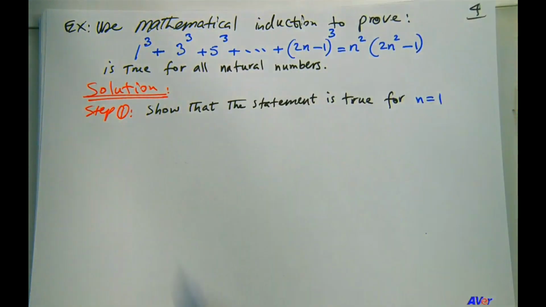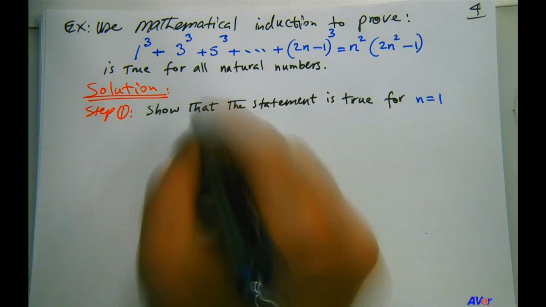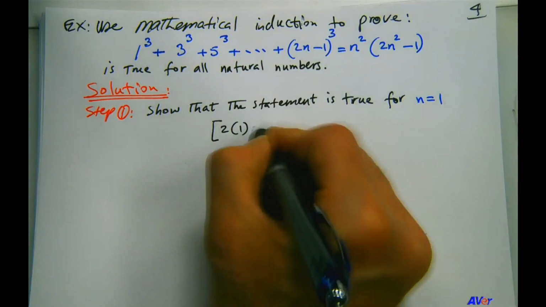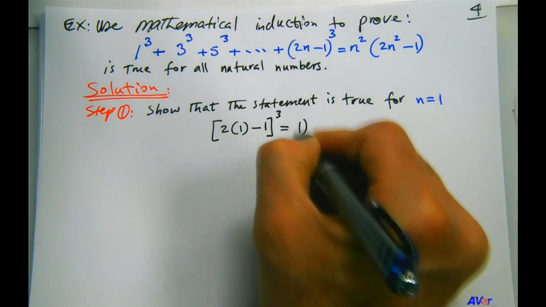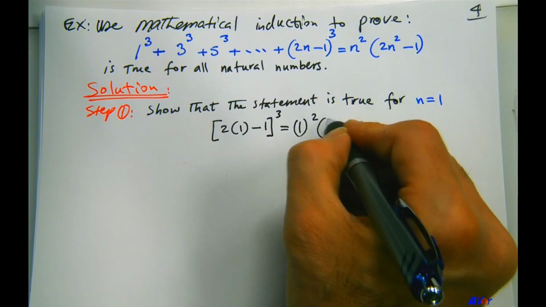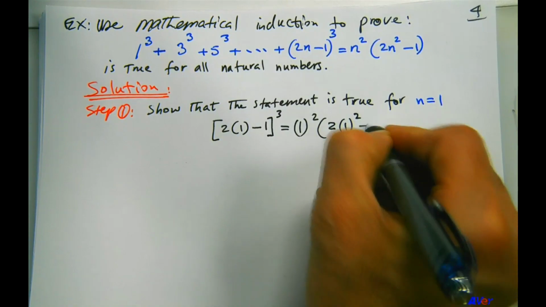Okay, so we're going to plug in 2 times 1 minus 1 cubed is equal to 1 squared times 2 times 1 squared minus 1.